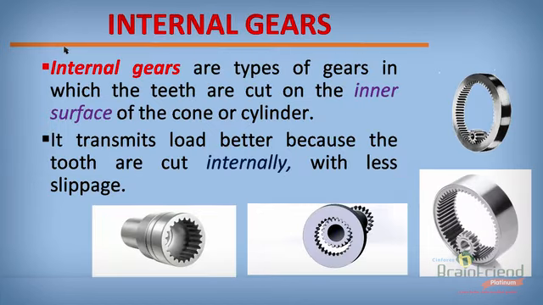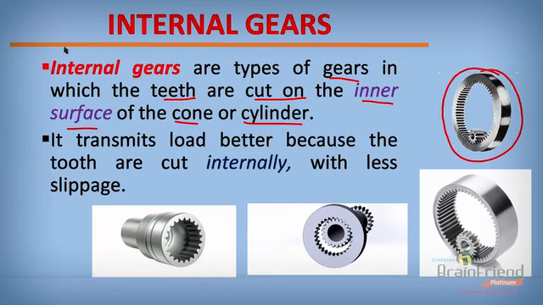Internal gears are types of gears in which the teeth are cut on the inner surface of the cone or cylinder. You can see this is the cylinder and the teeth are cut inside on the inner surface.